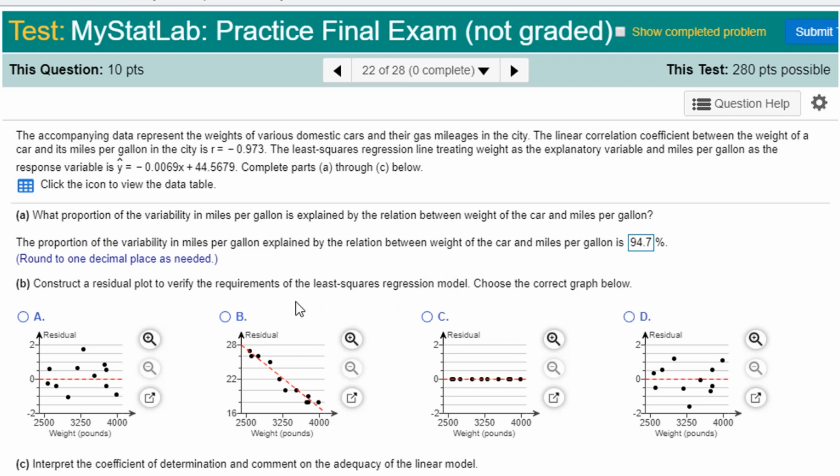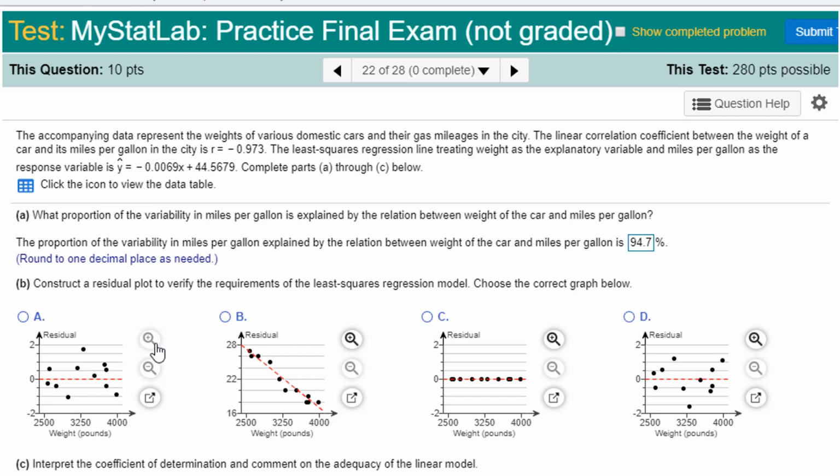All right, that's how you interpret the r squared. It's converted to a percentage, and then that represents what percentage of variation in your response variable is explained by your explanatory variable.